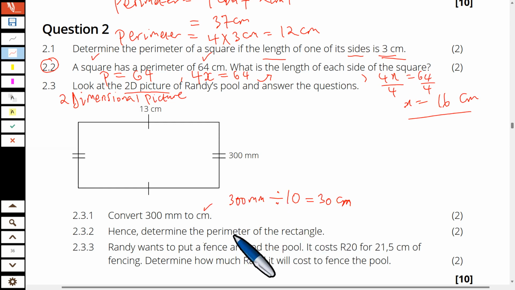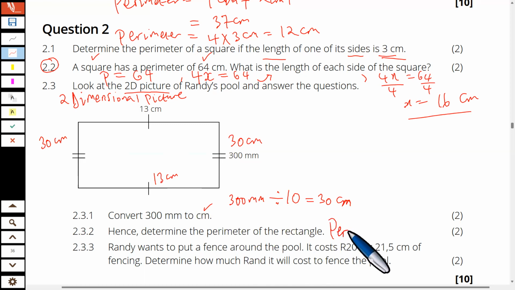Hence, determine the perimeter of the rectangle. So in 2.3.2, we continue as follows. The length of the rectangle here is going to become 30 centimeters. Obviously, these are opposite and therefore equal to each other: 30 centimeters, this is 13, and this becomes 13 centimeters. What is the perimeter P?